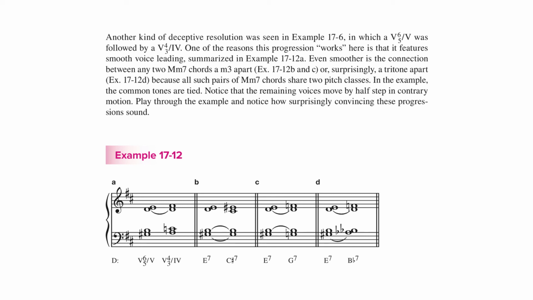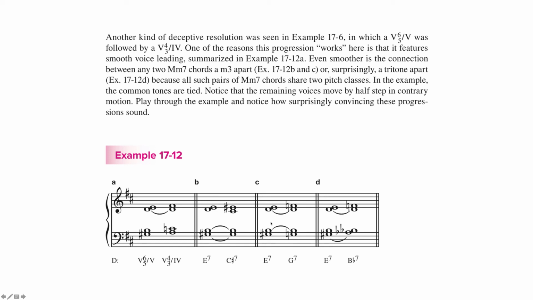It is clearer in the following examples. In B, for example, we have E dominant seventh connected to the C sharp dominant seventh. As you can see, only two upper voices move by half step, and the other voices don't move. They stay.